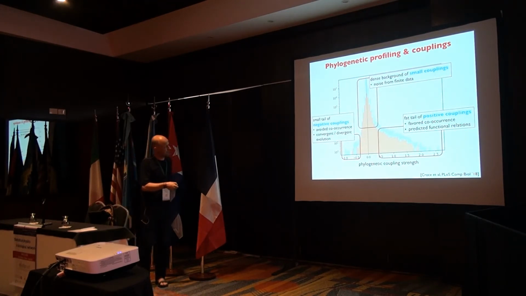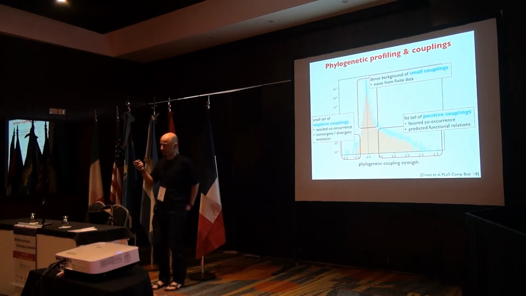There's a much bigger signal in this kind of fat tail here, which has positive couplings. Negative couplings mean that if one is present, the other should better be absent, and vice versa. That's actually the case if you have the same functionality, you just need one of the 2.